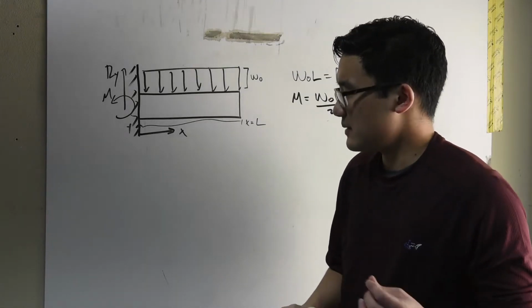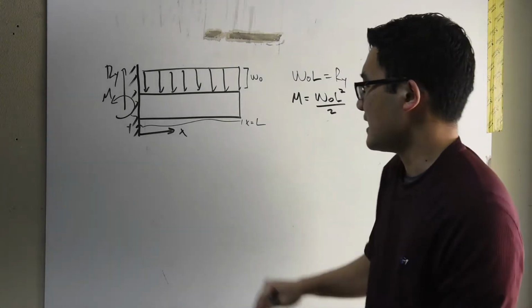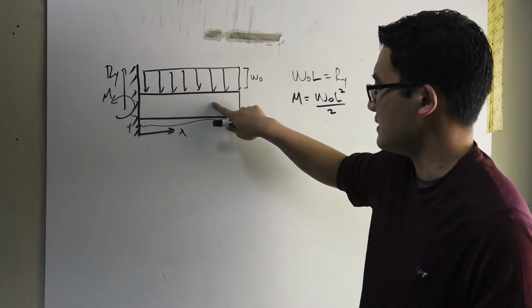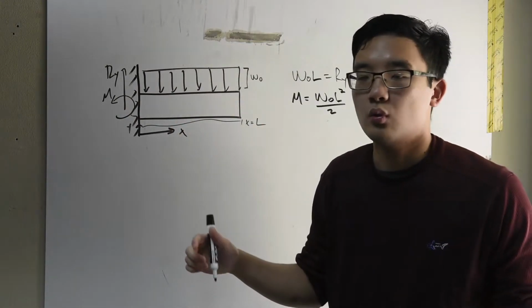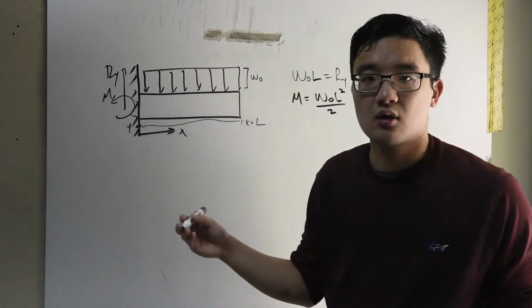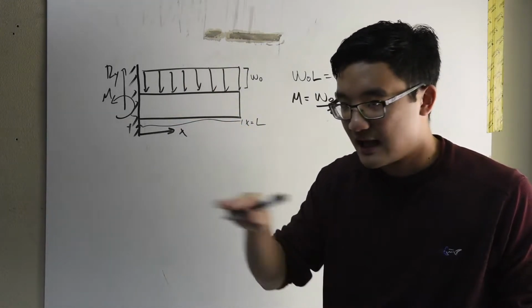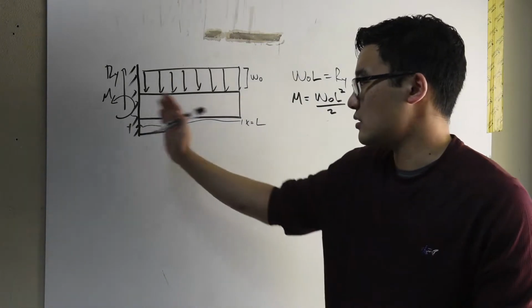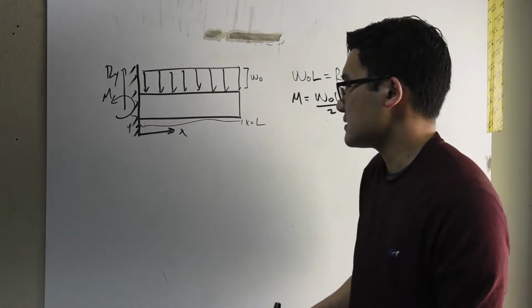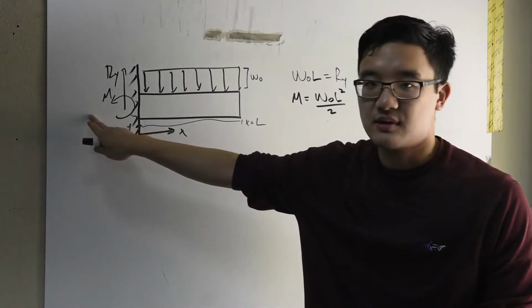Now, what we need to be able to do is to say, at any point in this beam, what exactly is the shear or bending moment experienced by my beam at any point along the span. Because it's all well and fine to know what the sum at the root is.